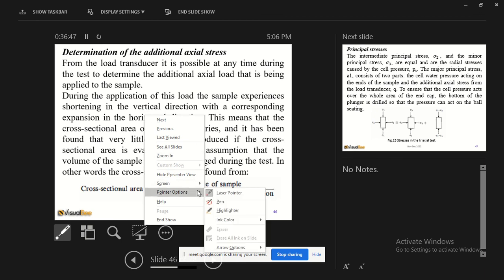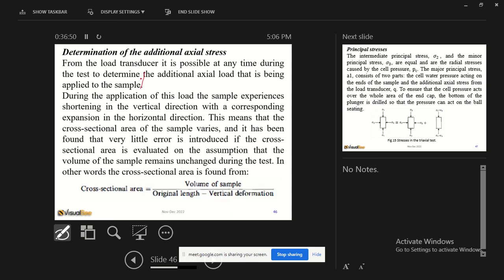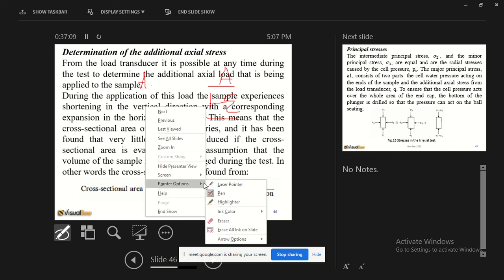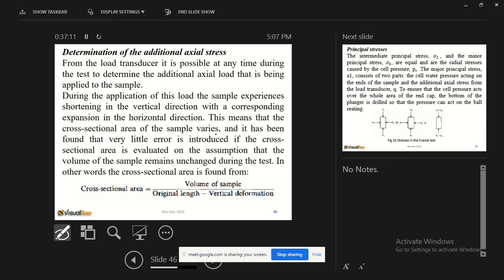The area will change. If it was 60 by 60, the new area is corrected by 1 minus the axial deformation, which you can get because you are measuring the changes in length.